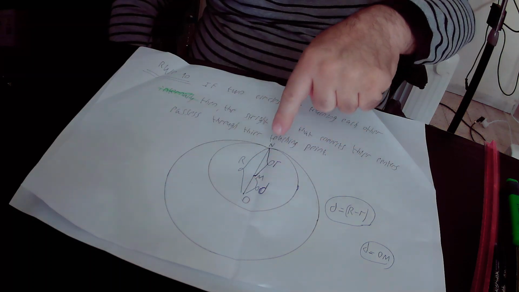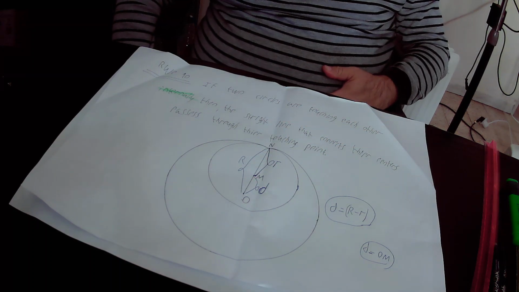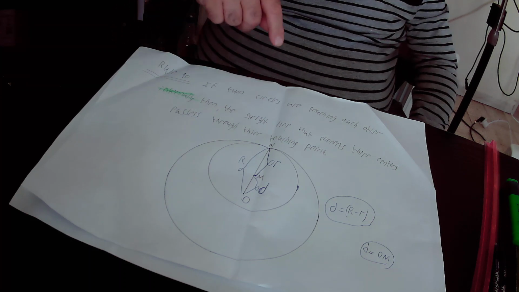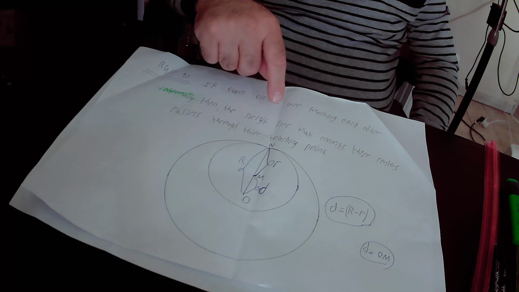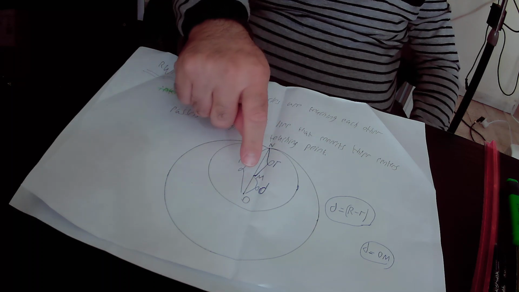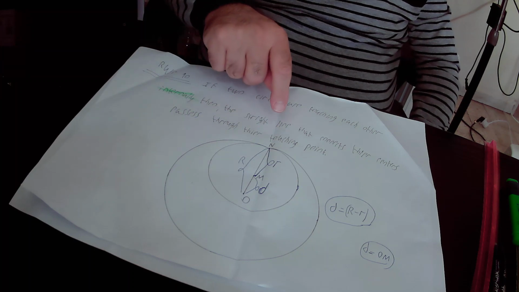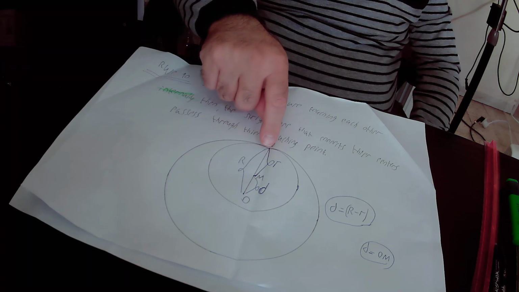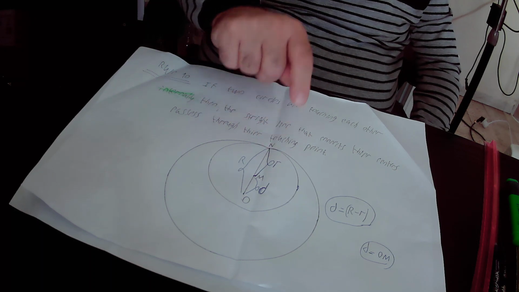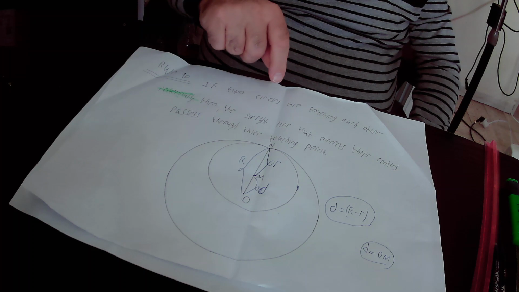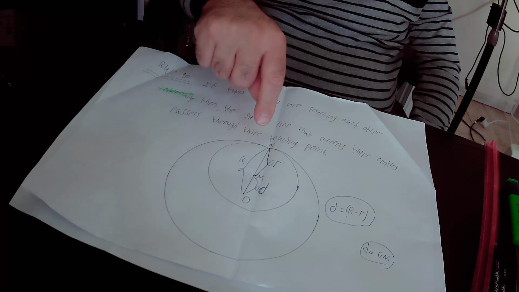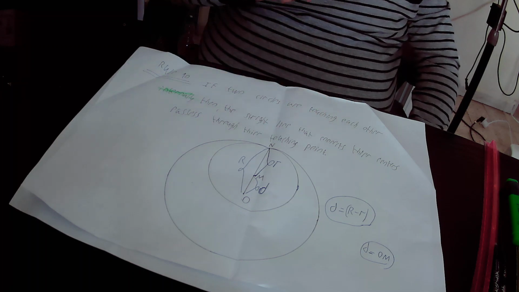And the distance OM between the centers, from the drawing, equals NO, which is capital R, minus MN, which is small r. That is to say, we found out that the distance OM between the centers of the two circles equals capital R minus small r.